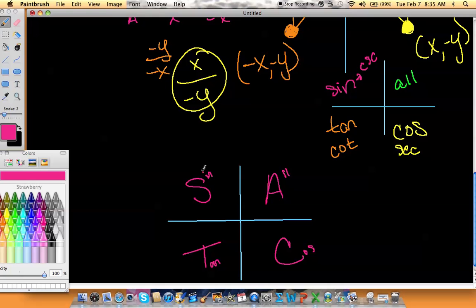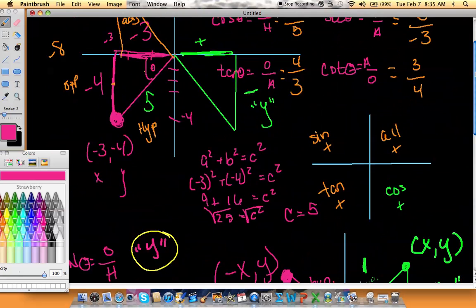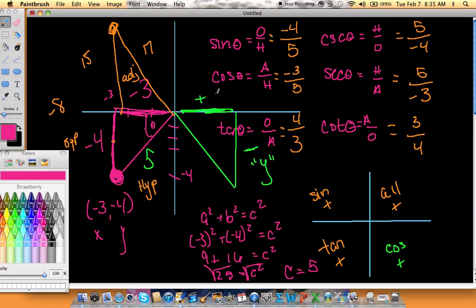So that's a quick and easy way to check your work to make sure that if you're doing one of the triangles like we did up here, that you have the correct sign on your function. So let's double check my work up here. Get some of this out of the way.